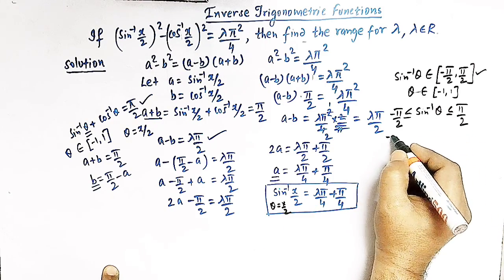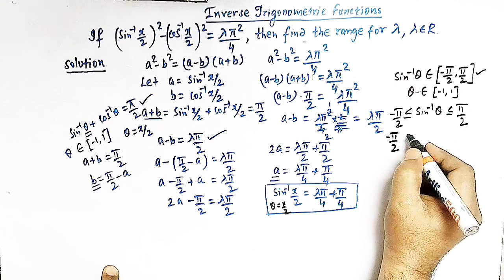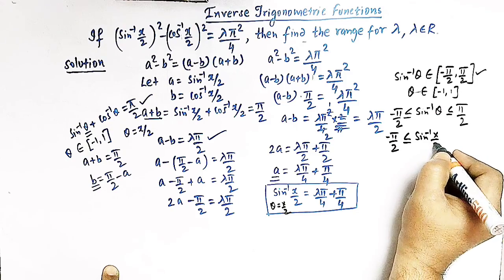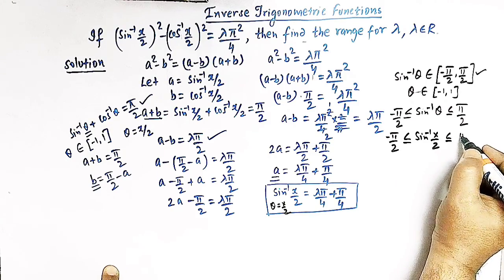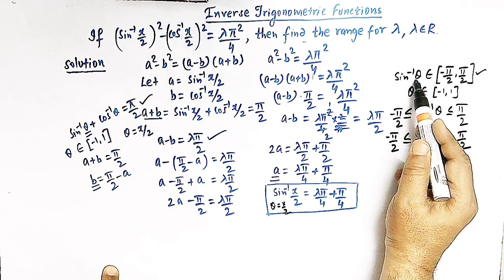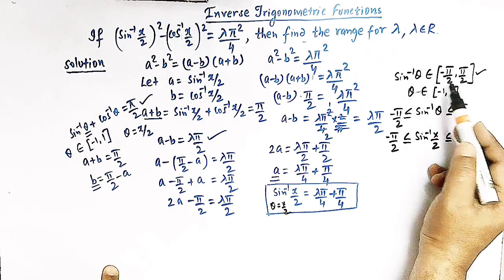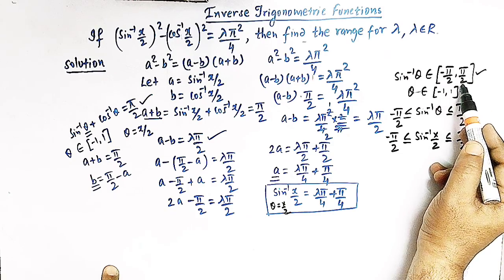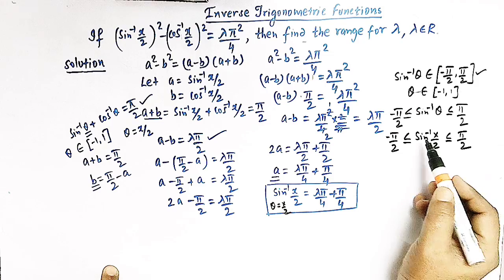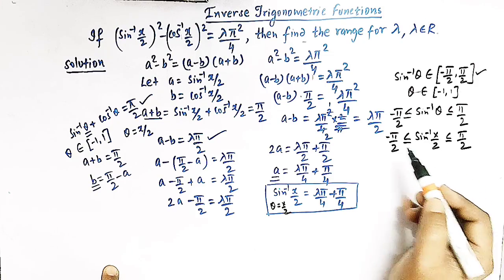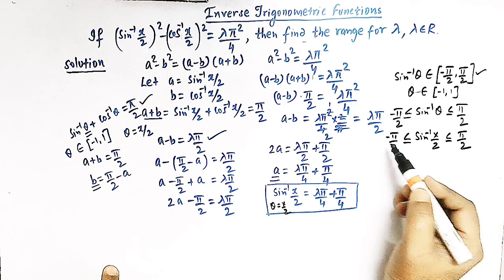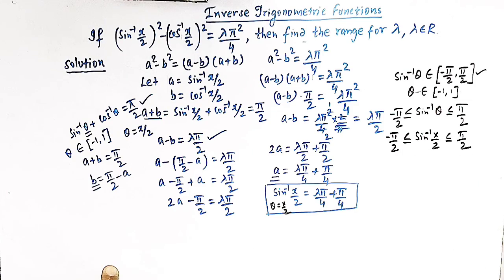So now we can write minus pi over 2 less than or equal to sine inverse x over 2, and here we have pi over 2. So the range of sine inverse theta belongs to this closed interval minus pi by 2 to pi by 2. So now taking theta is equal to x over 2, sine inverse x over 2 has the range from minus pi by 2 to pi by 2, including both the endpoints.